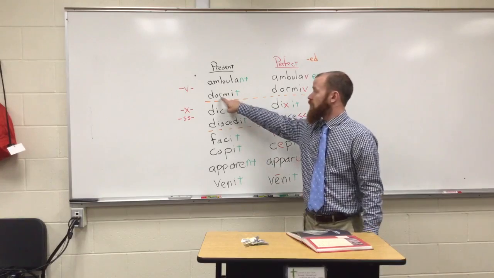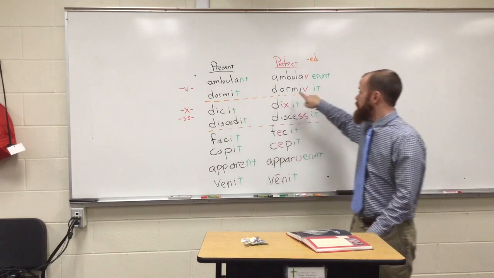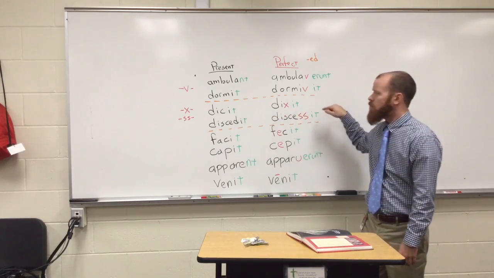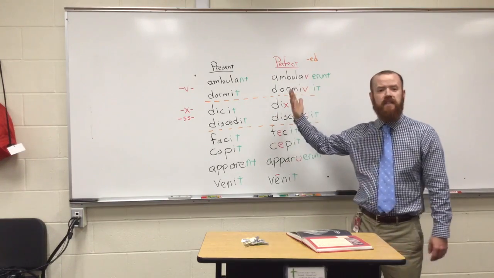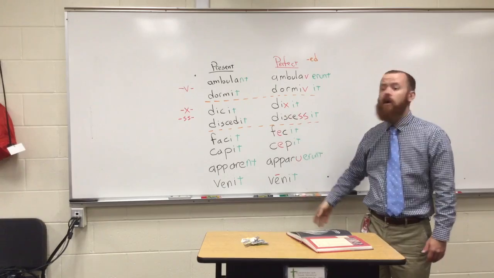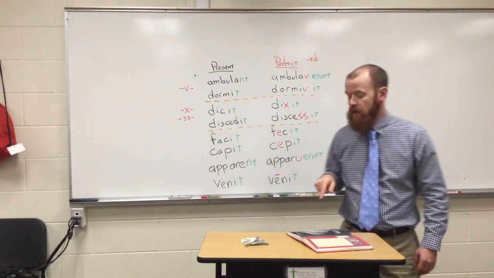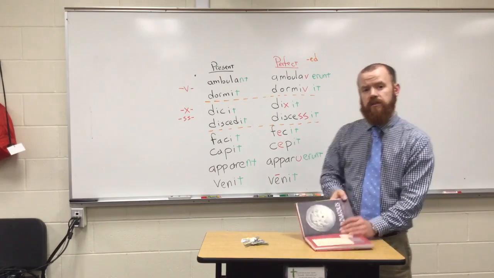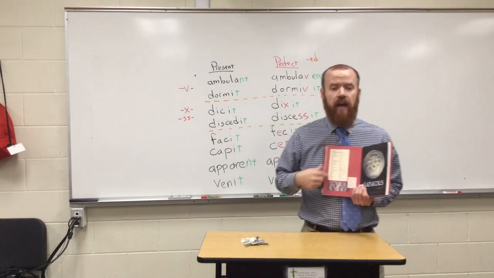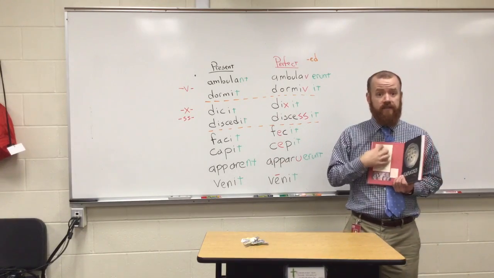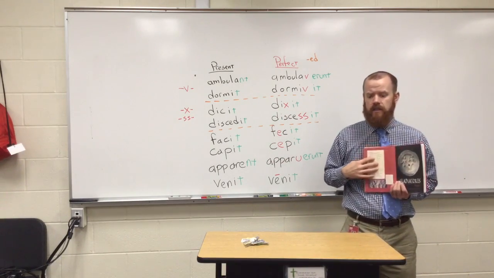You'll be given the present stem and the perfect stem. And so you'll see these side by side and you'll know, oh, that's a verb that has a V. Oh, that's one that has the X. Oh, that's a challenging one and I have to memorize it, okay? And so when you look at your stage 7 vocab list, now you see those challenges and you're like, okay, I have to memorize both of these, all right?